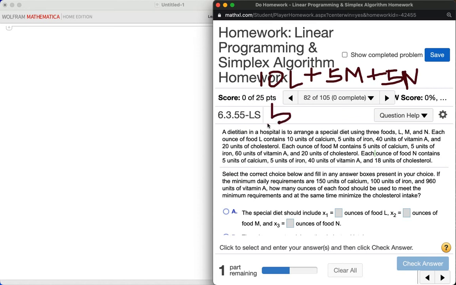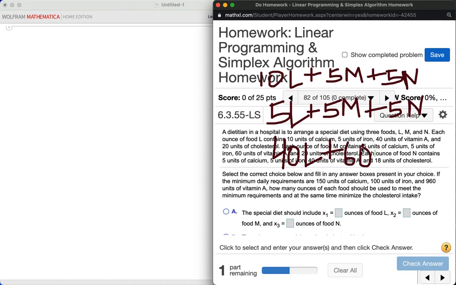And then we had 5L plus 5M plus 5N is greater than or equal to 100. And then we had 40L plus 60M plus 40N is greater than or equal to 960.